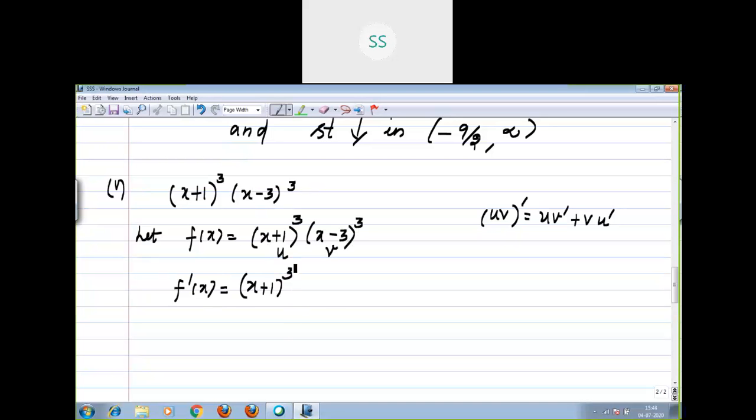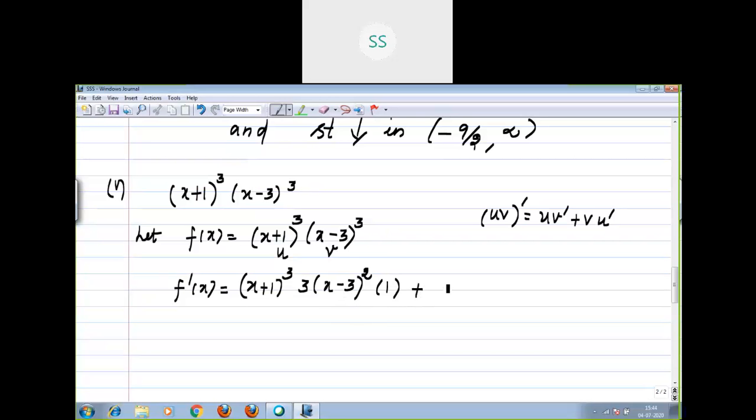First you should do the differentiation of the power, that means 3 into x minus 3 the whole square. After that you should enter into the bracket. Here what is the coefficient of x? 1. When you differentiate x, what you will get? 1, right?